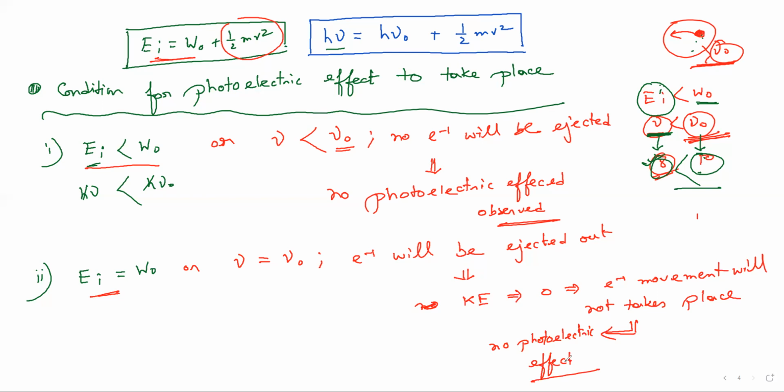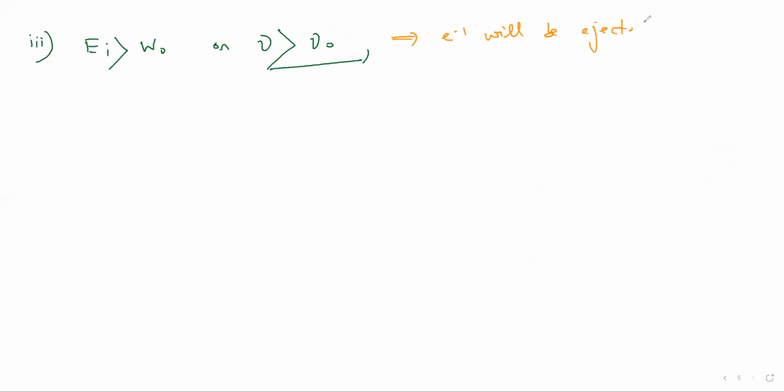Yes, sir. Okay. Now the third point, a very important point. If EI value is greater than W naught, that means we can say nu value is greater than nu naught. In this case, the electron will be ejected out, and it will move.